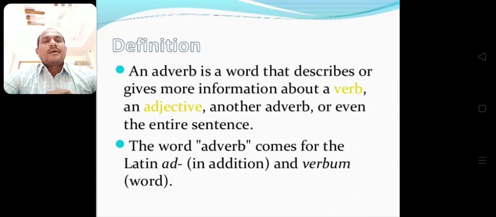So, an adverb gives more information about the verb and also about the adjective, and it gives more information about another adverb, and it can even add to the entire sentence.